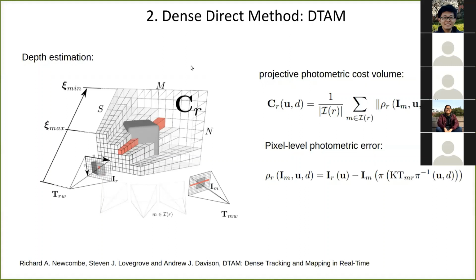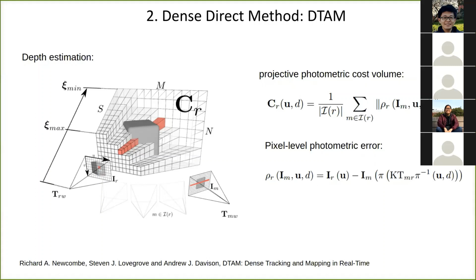First, for the depth estimation, DTAM constructs a cost volume. The cost volume is a summation of the per pixel photometric error. The photometric error is what we described previously. We have the estimated camera pose and the estimated depth.